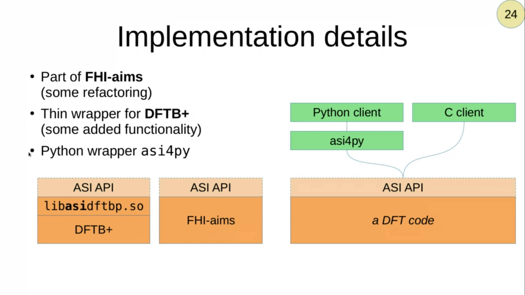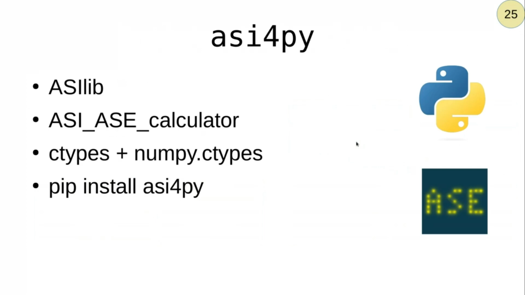So also we have added the Python wrapper for ASI interface. It's called ASI for Pi, and it is meant to simplify usage of DFT codes from Python. Currently you can use ASI API from either C code, a C client, or with a Python client via the ASI for Pi wrapper. ASI for Pi essentially implements two classes: ASI lib, for direct interactions via ASI interface, and ASI ASE calculator.